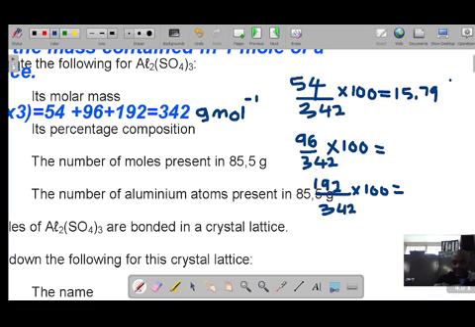Okay. What about for sulfur? Let's check it out for sulfur now. That's 96 divided by 342.